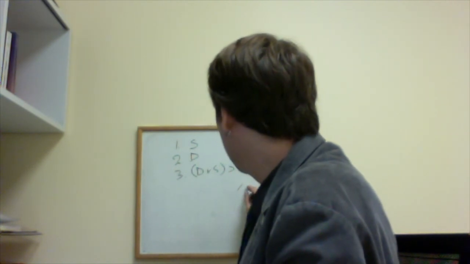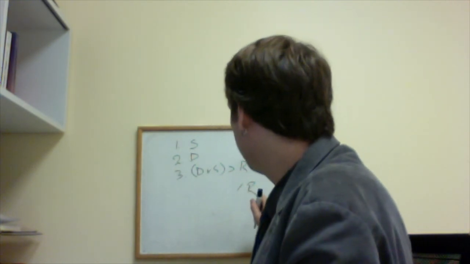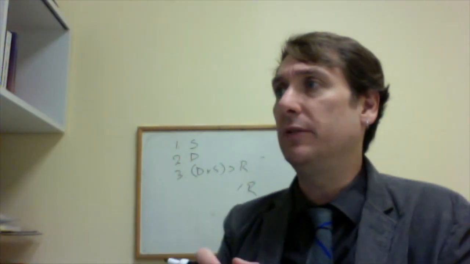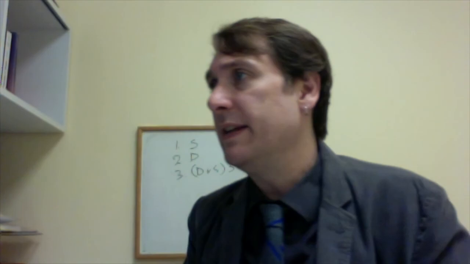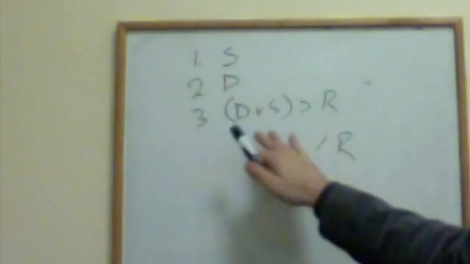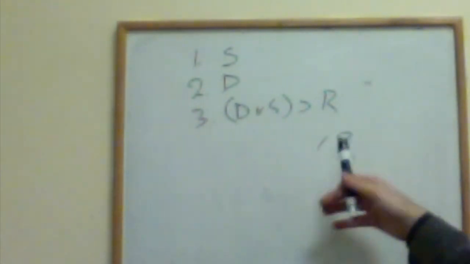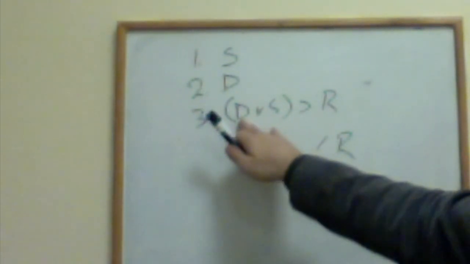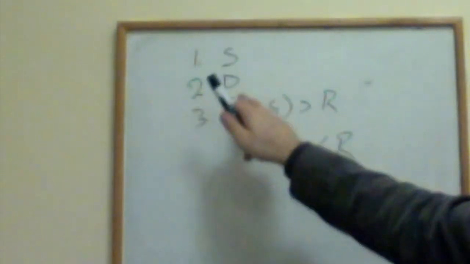So the conclusion here would be that they're rational after all. Now, notice that this looks like it should be a valid argument, but we don't have the rules here for doing this.